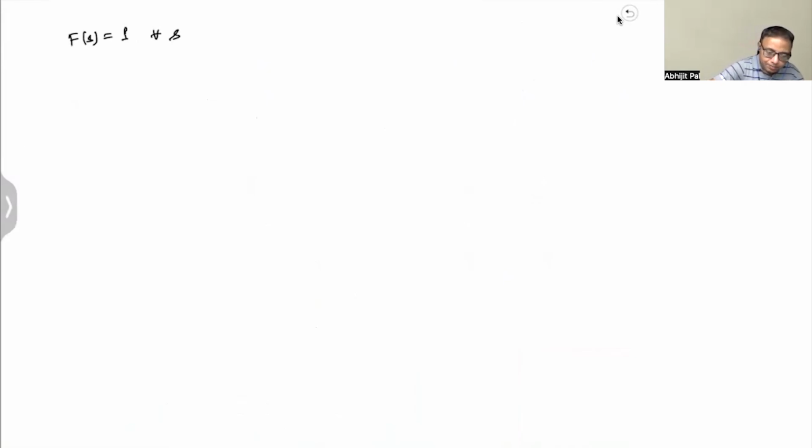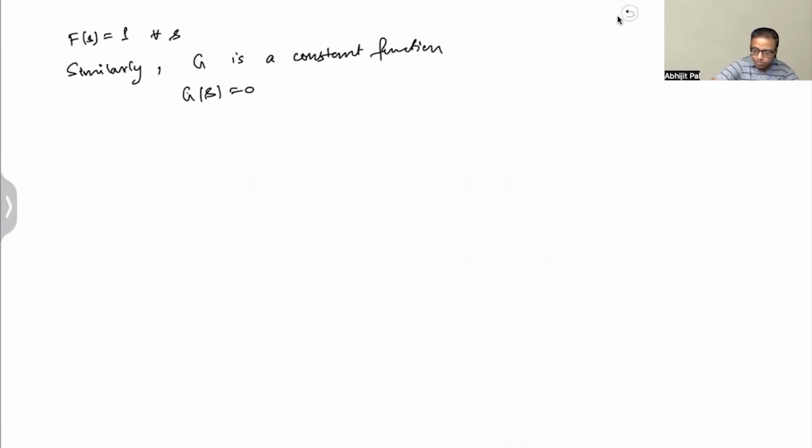So similarly, you can show that G is a constant function, and it is equal to 0.